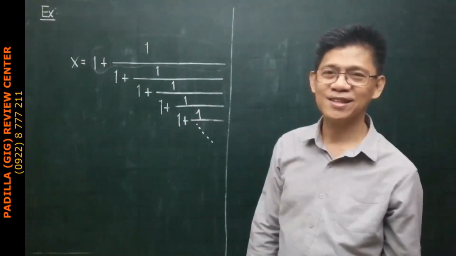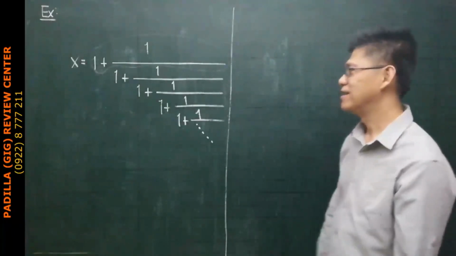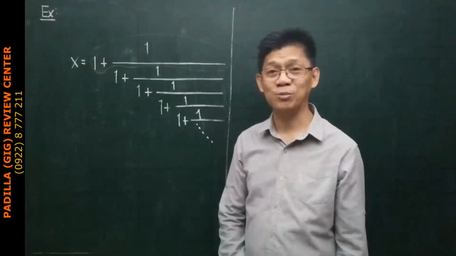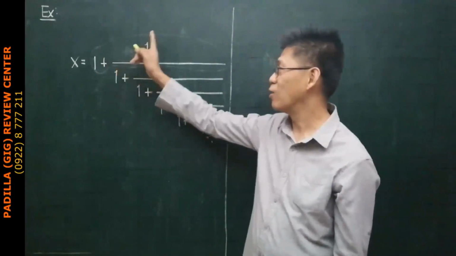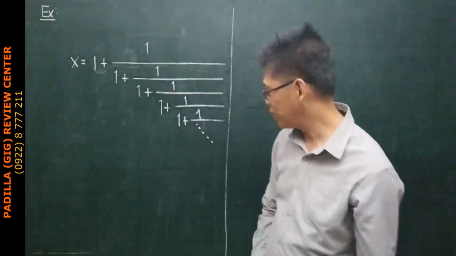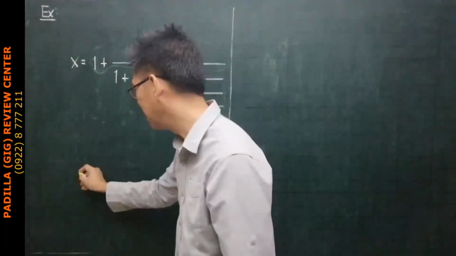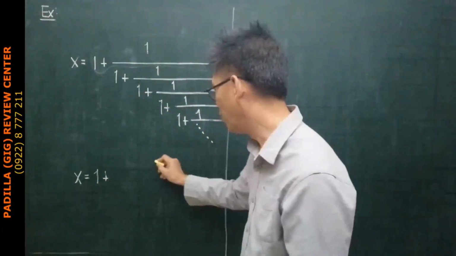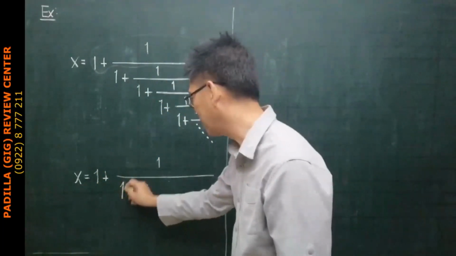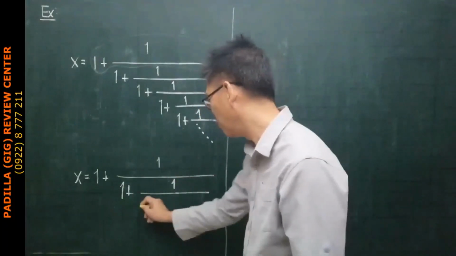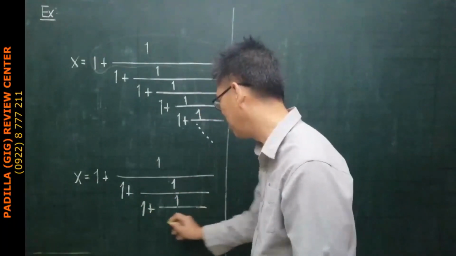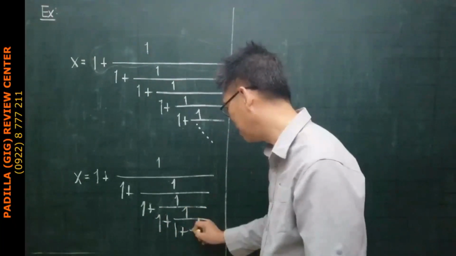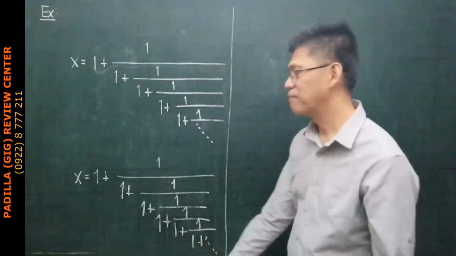Right? Tama. Okay. Now, ang gagawin natin dito, magdagdag lang tayo ng 1 grain of sand. Let me first copy the equation. X equals 1 plus 1 over, 1 plus 1 over, 1 plus 1 over, and so on and so forth.